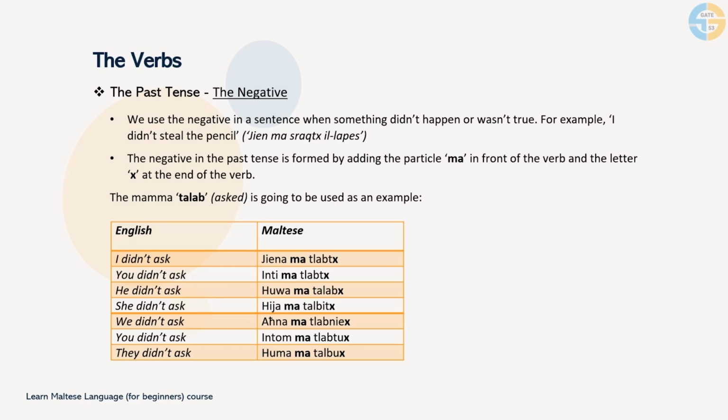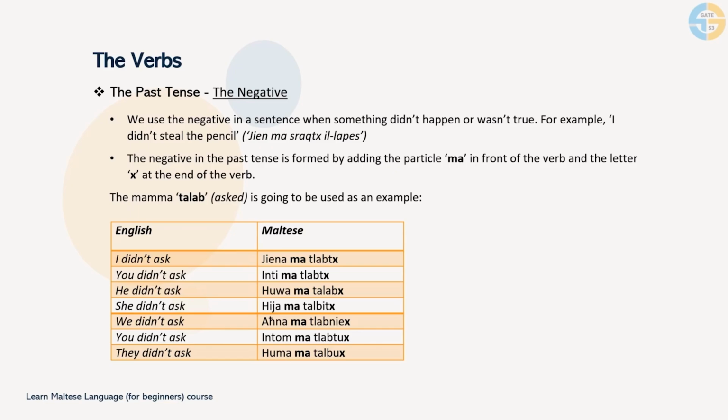He didn't ask, huwa ma talabx. She didn't ask, hija ma talbitx. We didn't ask, aħna ma tlabniex. You didn't ask, intom ma tlabtux. They didn't ask, huma ma talbux.